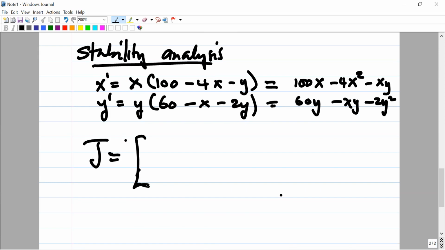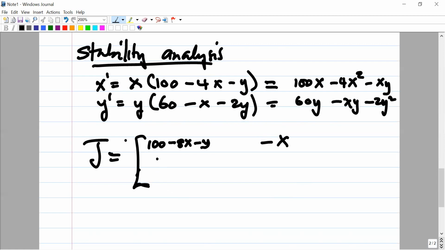Differentiating the first one with respect to x, I get 100 minus 8x minus y. Differentiating the first one with respect to y, I get minus x.